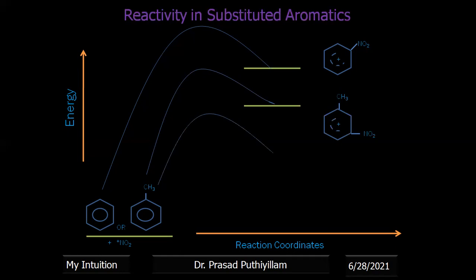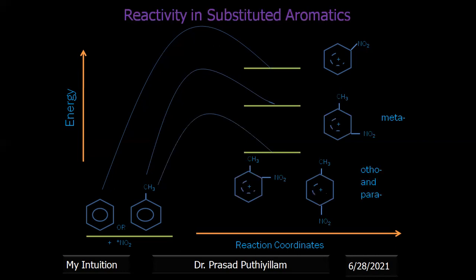Again, for the other possibility, it gives an even lower energy level. That is the ortho position substituted Arenium ion, as well as the para position substituted Arenium ion. So that is the meta position, and these two are the ortho and para position substituted Arenium ions. That is a transition state only, till we reach the final product.